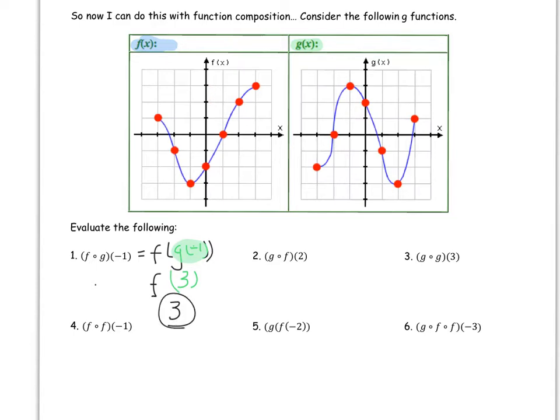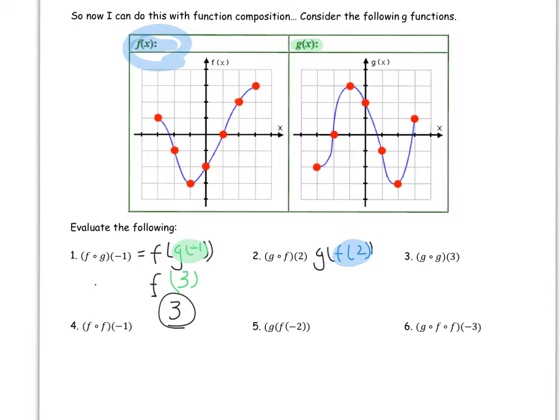And that's my answer. Let's look at the next one. G of f of 2. Remember, I'm always working from the inside out, so I'm going to do f of 2 first. I'm going to look at my f of x picture. For f of 2, x-axis 2, what's my y value on that point?